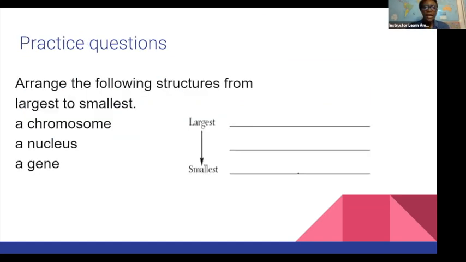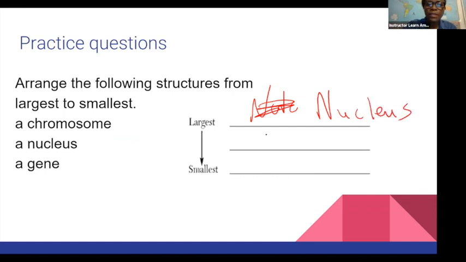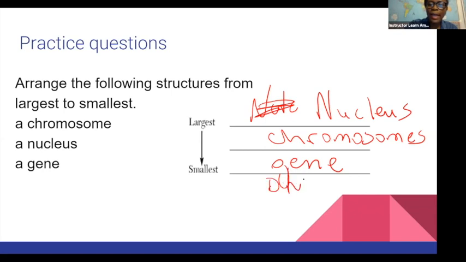So if we were just to organize our thoughts, remember the nucleus is the largest. And inside the nucleus, we'll find the chromosomes. Chromosomes have the genes. If we wanted to go smaller than that, that's made of DNA.